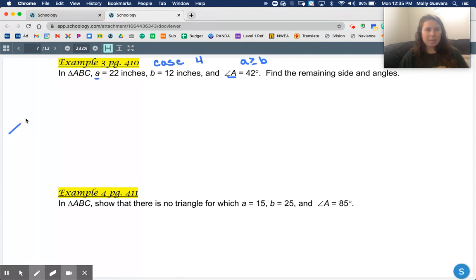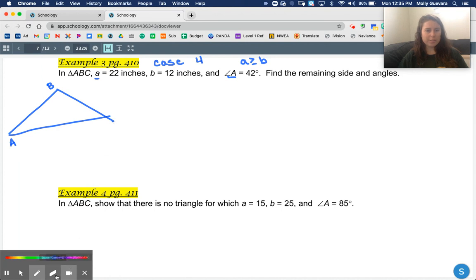And again, I am a very visual person. So I like to draw things out. It really helps me. If it doesn't help you, then you don't have to do it. But I know personally for me, it really helps. So, okay, A is 22 inches. B is 12 inches. Obviously this is not drawn to scale, but that's okay. And I want to find the remaining sides and angles.